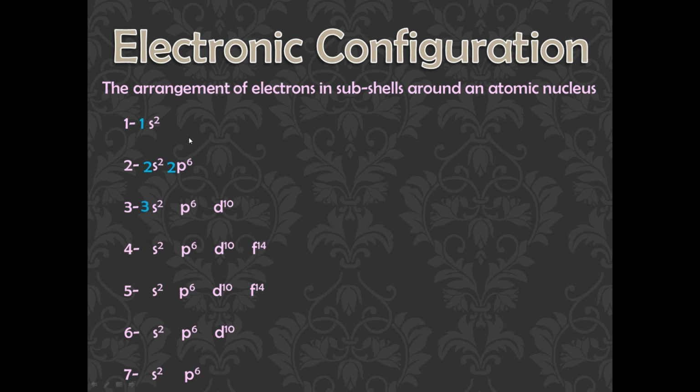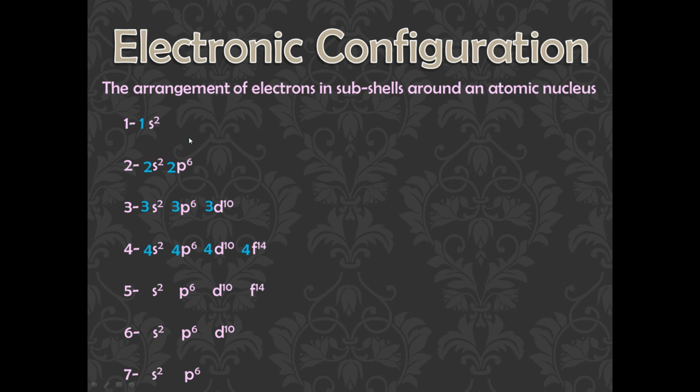For subshells of third shell I have written 3 with each subshell just to differentiate. Similarly, I have written 4 with S subshell of fourth shell, 4 with P subshell of fourth shell, 4 with D subshell of fourth shell, and 4 with F subshell of fourth shell.